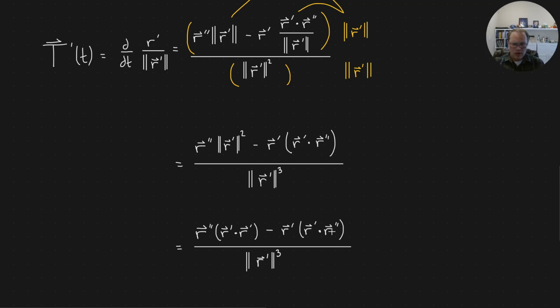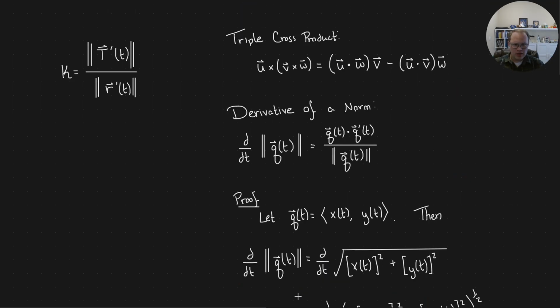Okay. Now, this numerator, it has a form that looks familiar. It looks an awful lot like what we have over here, right? So instead of writing it as this dot product expression, we can rewrite it as a cross product. Okay?